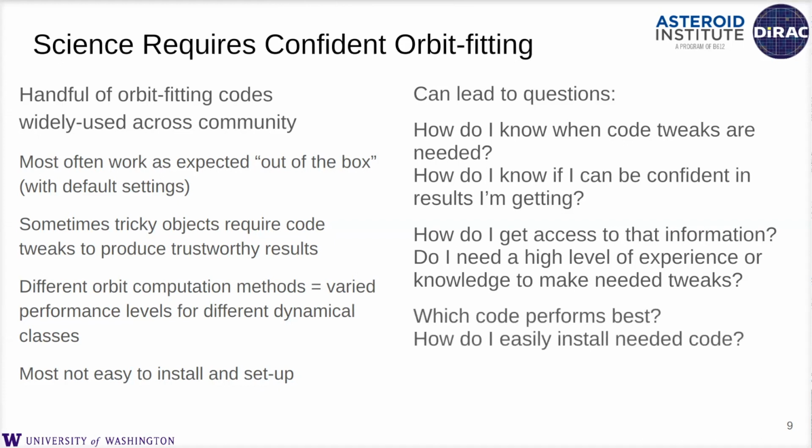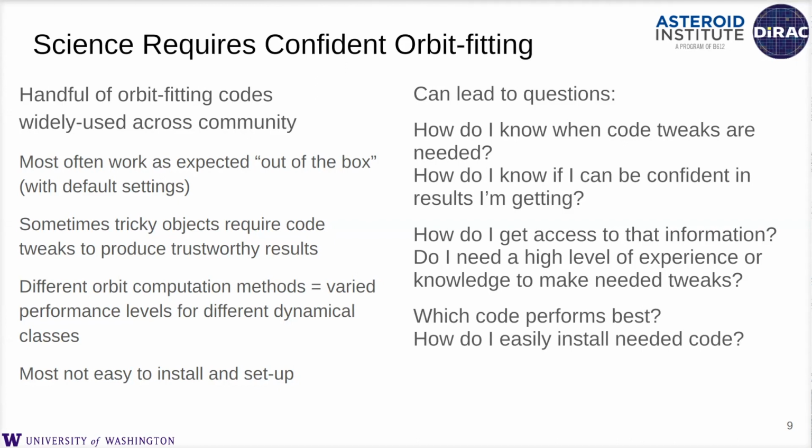In addition, since these codes can perform at various levels for different objects in question, it can be difficult for users to know which of these codes actually performs best in fitting an orbit for an object that I might be interested in studying.